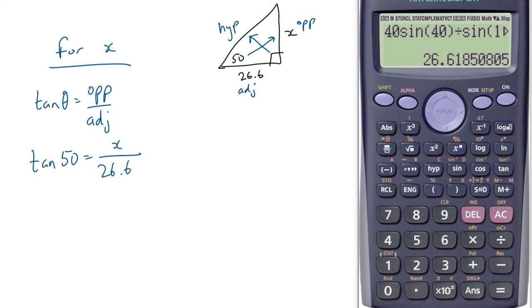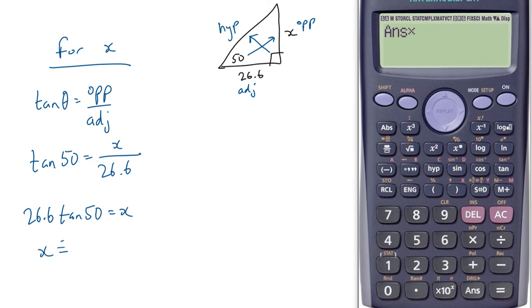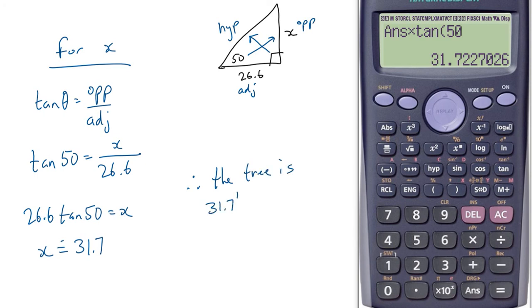But again, I've got the exact value on my calculator that I'm going to use. So times, and that keeps that full answer, tan of 50. And I got 31.7. Now I'm going to round to 1 decimal place. Therefore, the tree is 31.7, and that was feet tall.